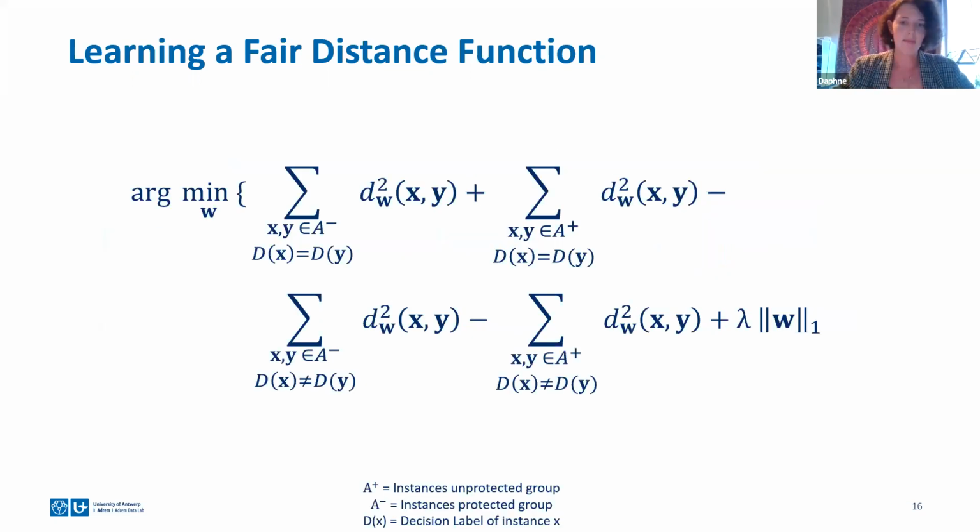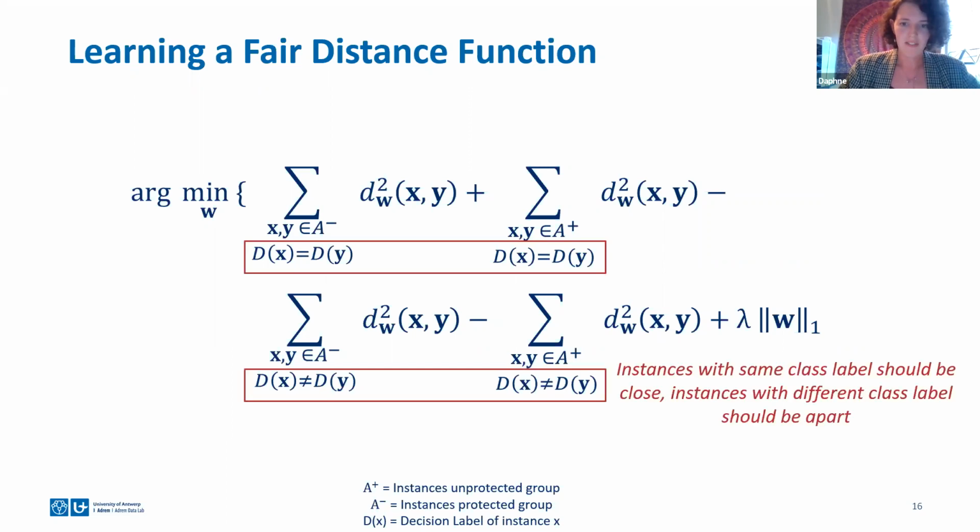For this, we set up the following objective function. Let's go through it step by step. Firstly, we're minimizing this whole function. What we want is the distances between instances with the same decision label to be small, while distances between instances with different decision labels should be big.